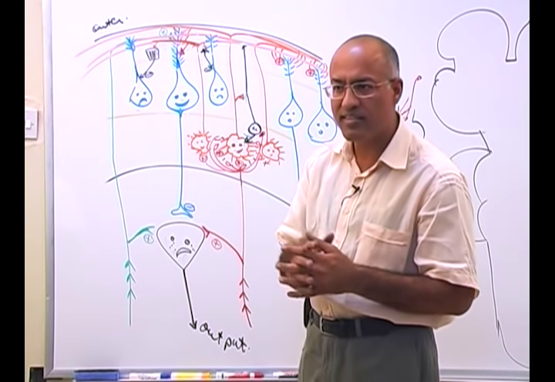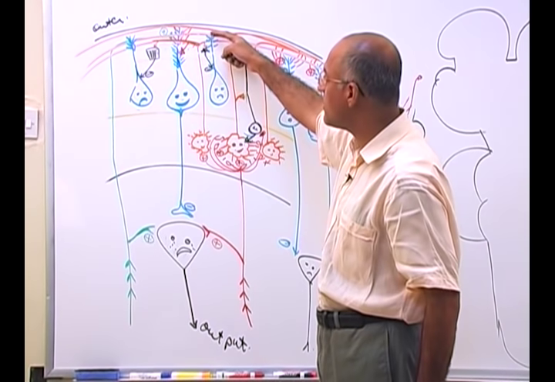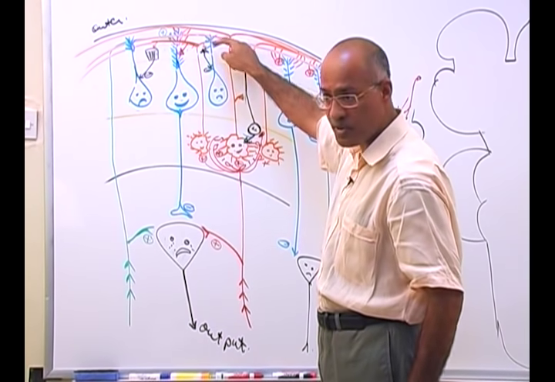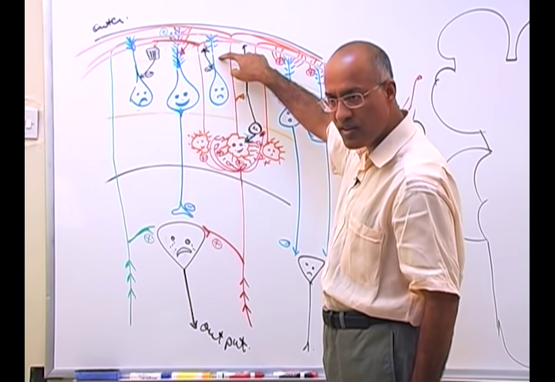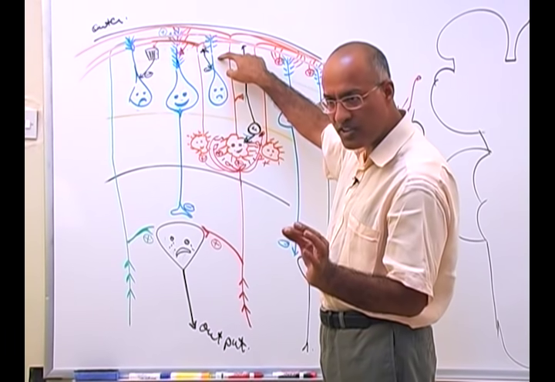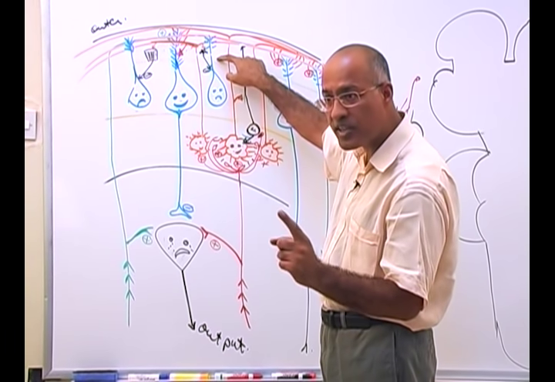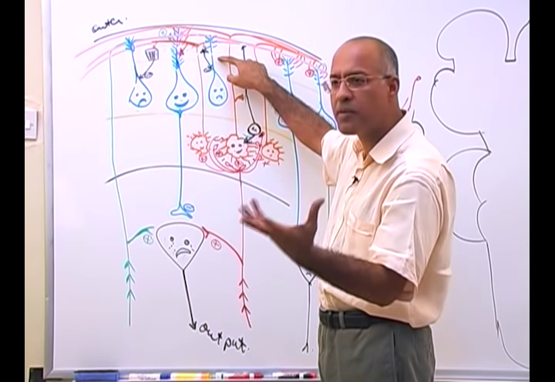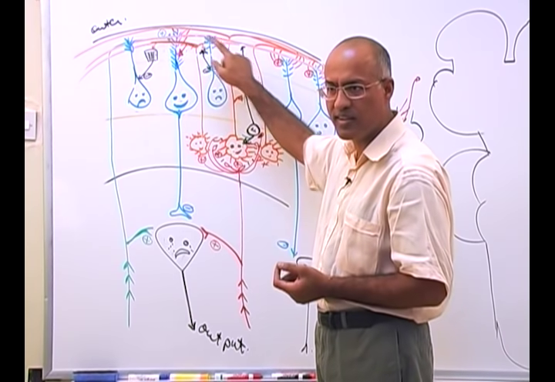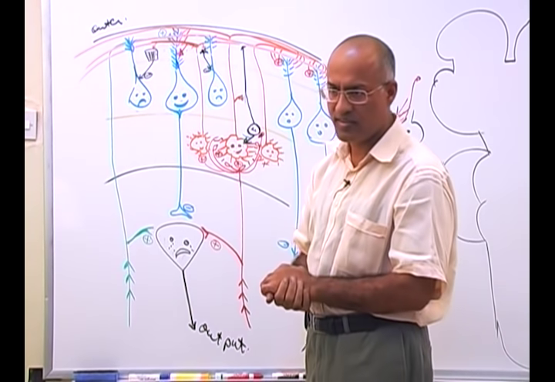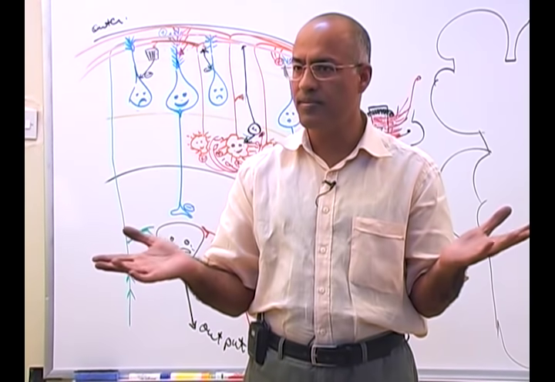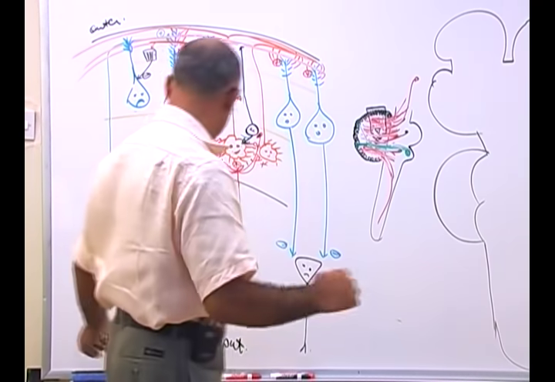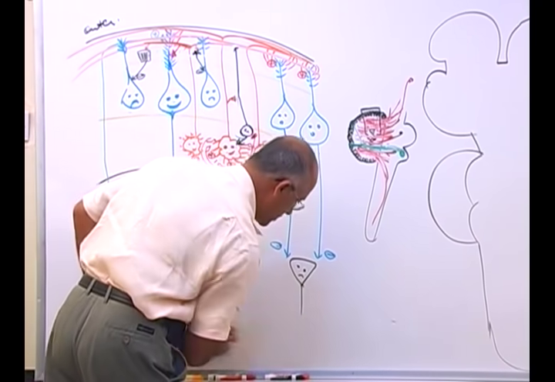Right? The rule is this, that parallel fibers from the granular cells directly stimulate the target Purkinje and they inhibit the neighboring Purkinje through the inhibitory cells which are stellate and basket. Am I clear? Any question here? No. Okay. So let's remove now this diagram.